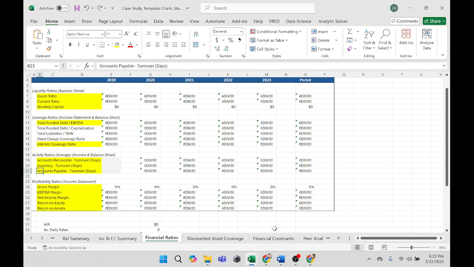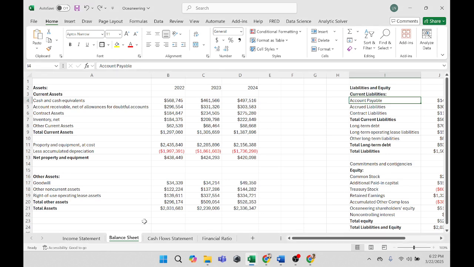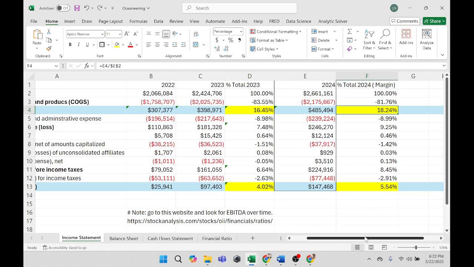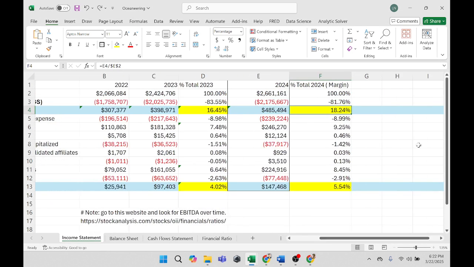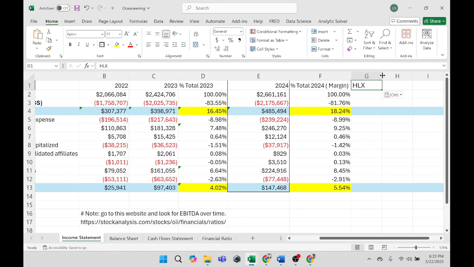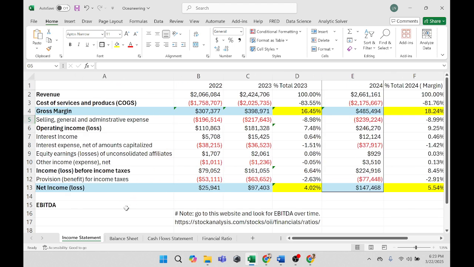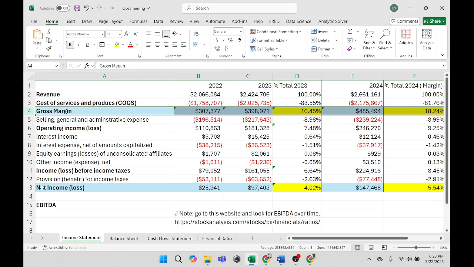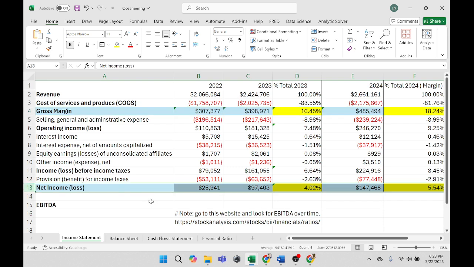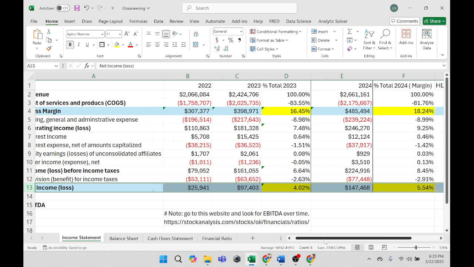Let's say if you want to compare against this, then I would put another column. And let's say this, you guys remember, is from the income statement, right? So we talk about gross margin and then profit, and then the net income margin.